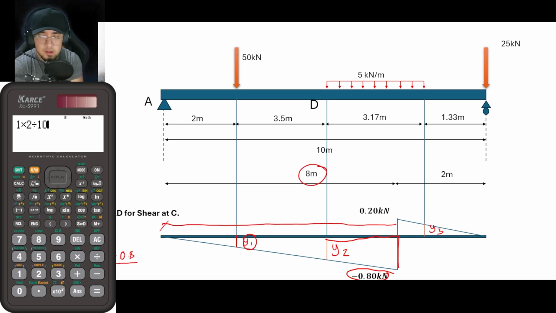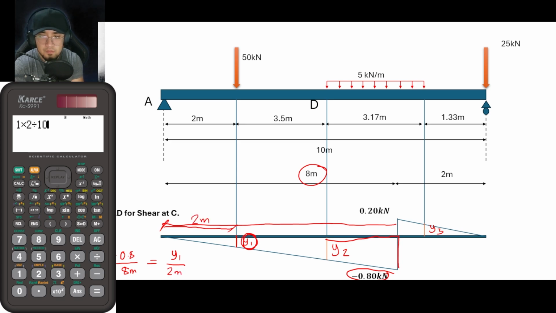That is 8 meters. So negative 0.8 divided by 8 meters is now equal to, what about the ratio of the smaller triangle? For the smaller triangle, we have here y1 divided by whatever this dimension is. So from that, this is 2 meters.